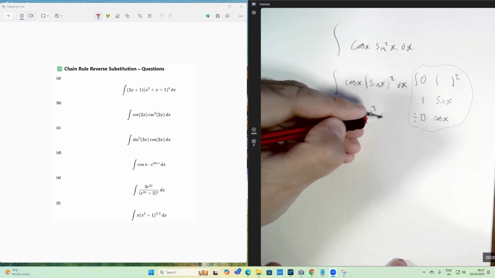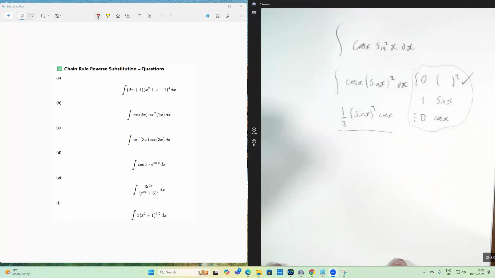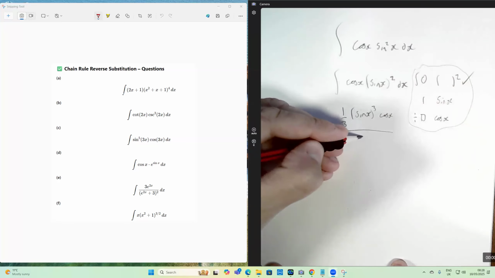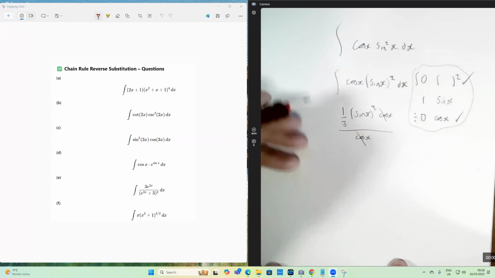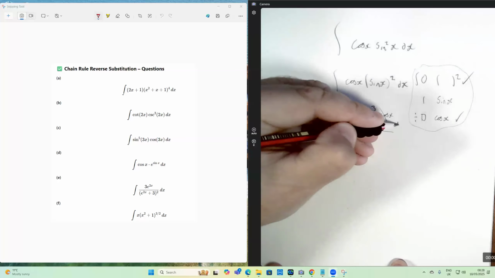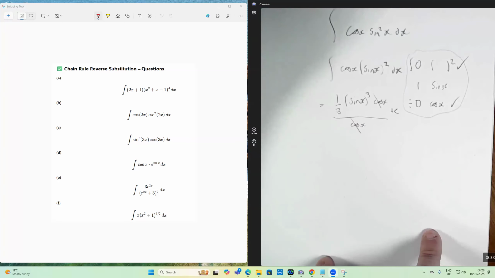And then I've still got my cos there. So I've integrated the outer function, and I'm now going to divide by the derivative of the inner function. The cos cancels, and my answer is 1/3 sin³ x add c, and that's my answer. So that's one straightforward example.